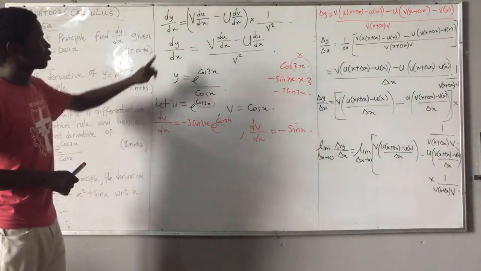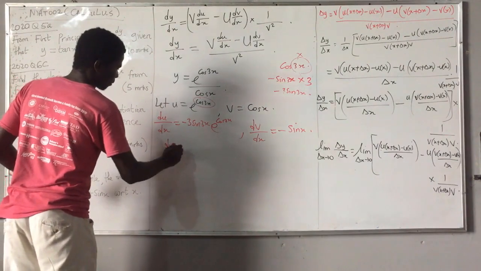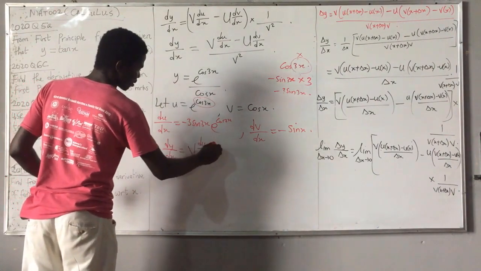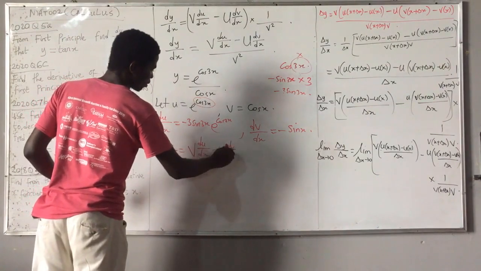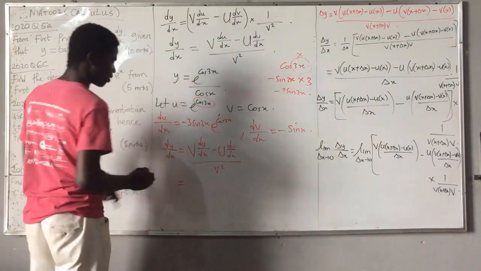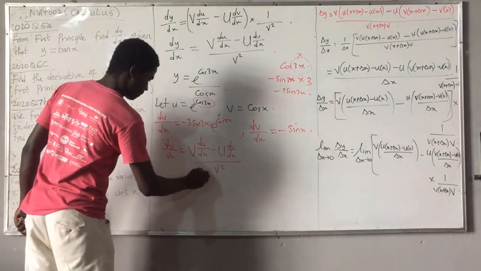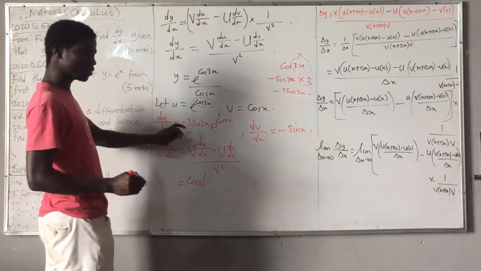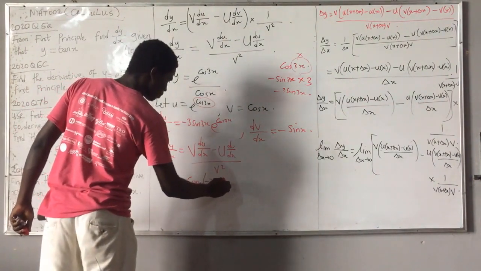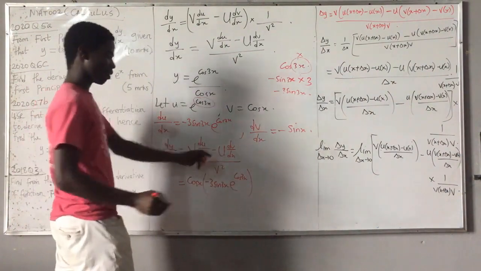Now let's continue. So dy/ds is equal to v du/ds minus u dv/ds all over v squared. V is cos s, multiplied by du/ds, which is minus 3 sine 3s e raised to power cos 3s, right?